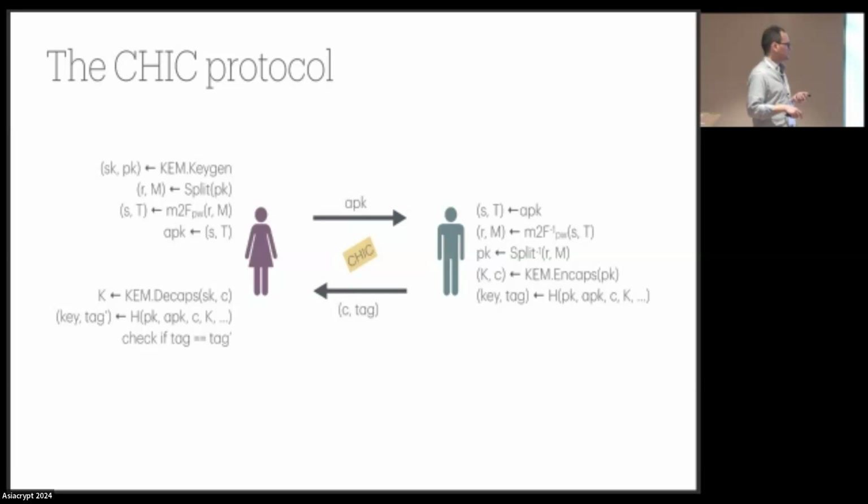Bob then reverts the process, by reversing the two-Feistel network and then unsplitting the public key, and carries on with encapsulating and deriving a session key and a tag. And the same happens after with Alice.